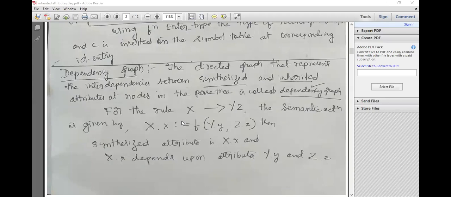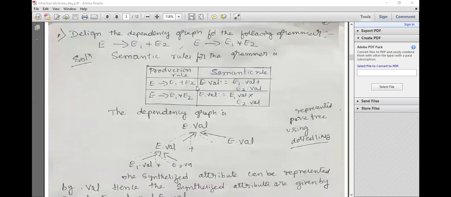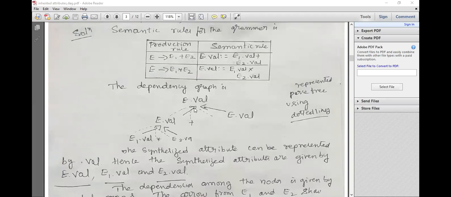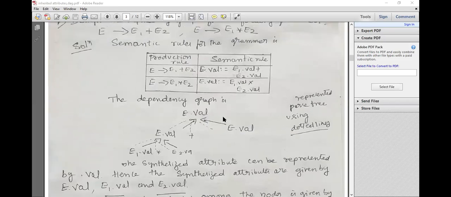The dependency graph was also explained. What is a dependency graph? It is a graph that represents the interdependency between both synthesized attributes and inherited attributes. Dot val is definitely an example of synthesized attributes, but dotted lines are also there, which represent inherited attributes.